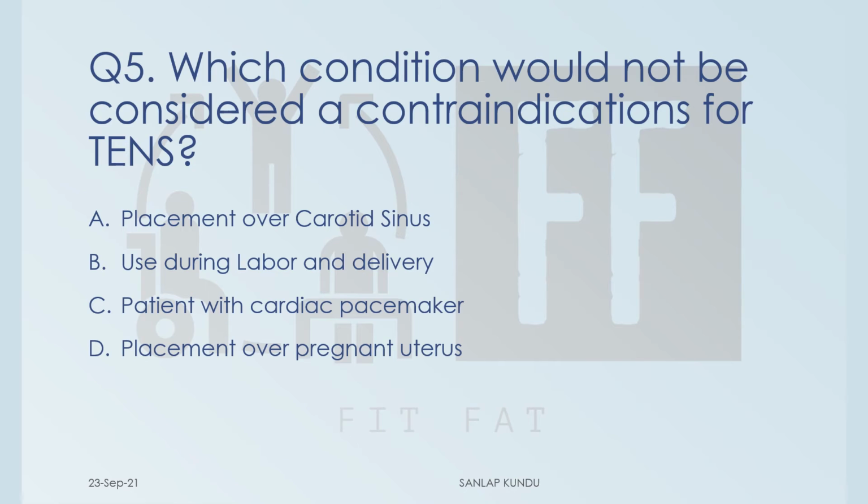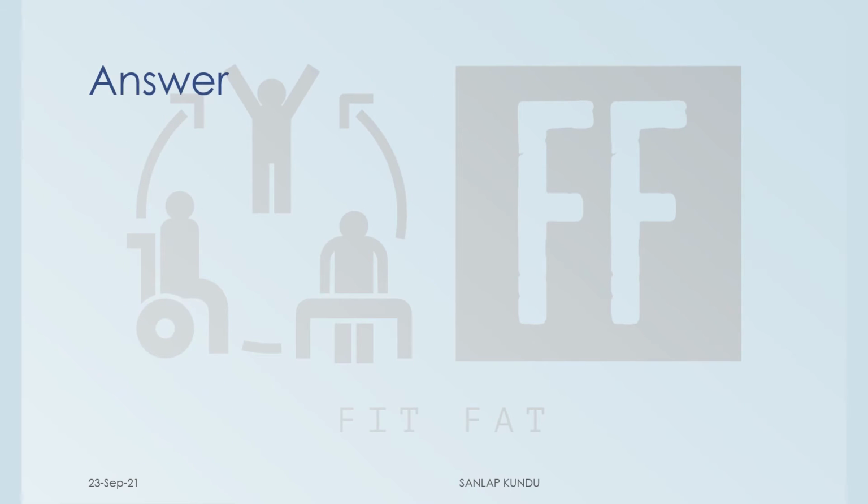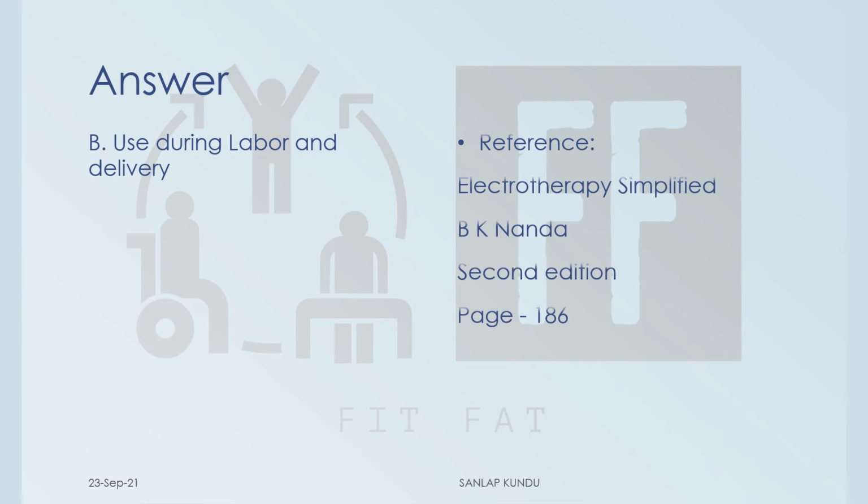So the correct option is option B, that is used during labor and delivery. To know more details about the contraindication to the use of TENS, you can follow the Electrotherapy Simplified book by Bikananda, second edition, page 186.